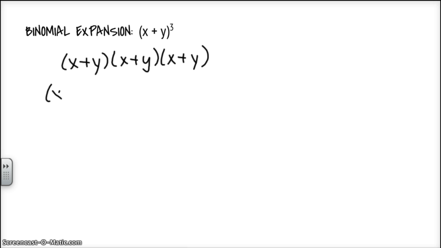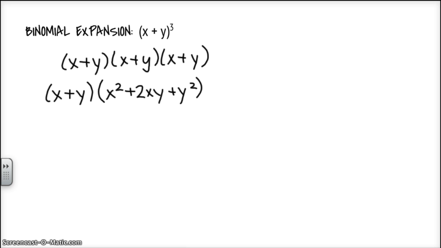I'm going to show you right now how binomial expansion works. Basically, binomial expansion is taking a binomial, something with two terms, and raising it to an exponent. Okay? So this x plus y to the third, that literally means x plus y, x plus y, x plus y. And we could just deal with these second two, and with FOIL, it would simplify to this.